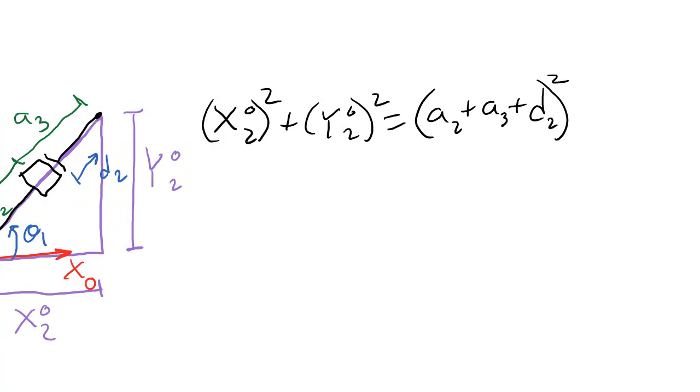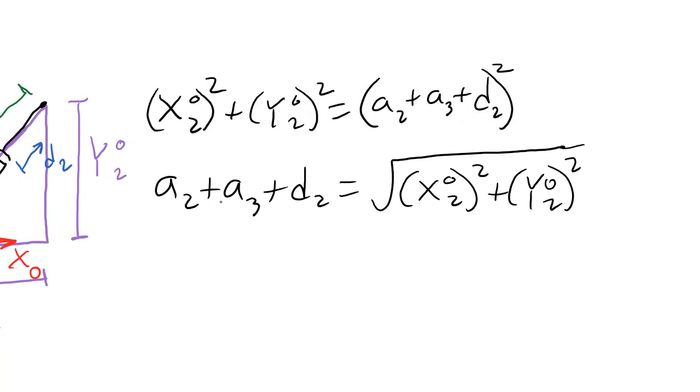Now, in inverse kinematics, we're trying to have x and y be the input, and we want to solve for the joint variables, which in this equation is D2. So I need to rearrange this equation a little bit to solve this for D2. I'll start by square rooting both sides.